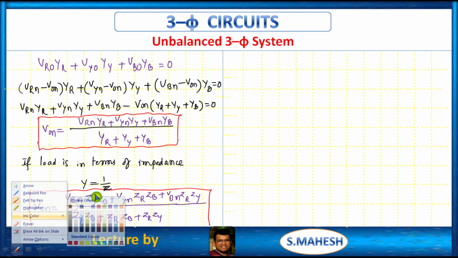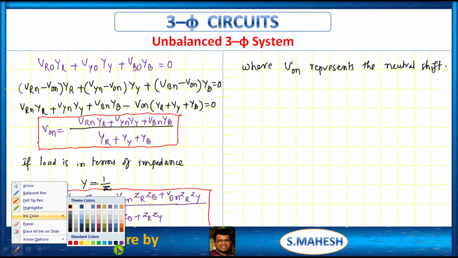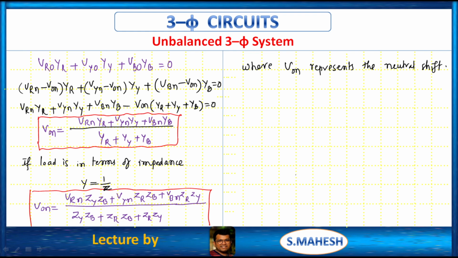Next we have to write where V_ON represents the neutral shift. What is that neutral shift? It means unequal loading. For example, this is R, let us take Y like this.